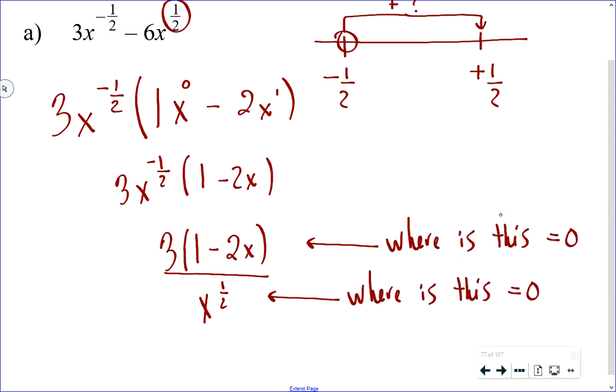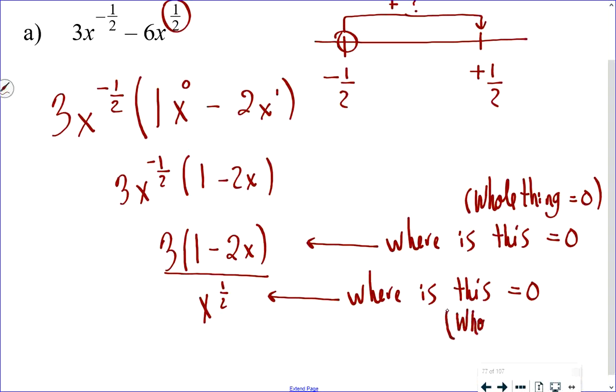More specifically, we are interested in where an expression equals 0, where the top of this is 0, the whole thing equals 0. But we're also interested in where the whole thing is undefined. Turns out that an expression in calculus being undefined is sometimes just as important as when it's 0.